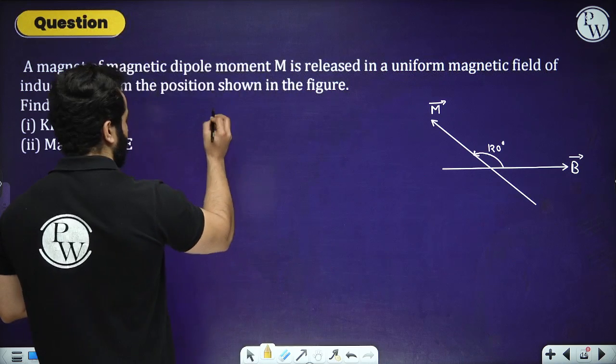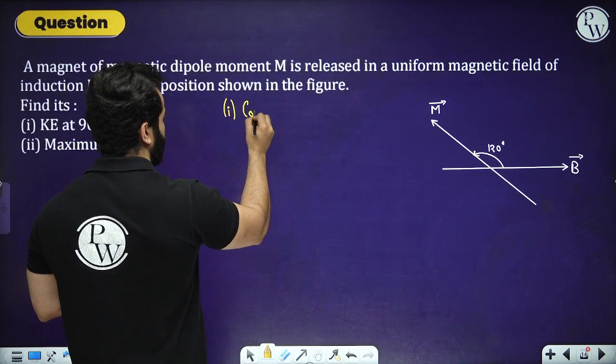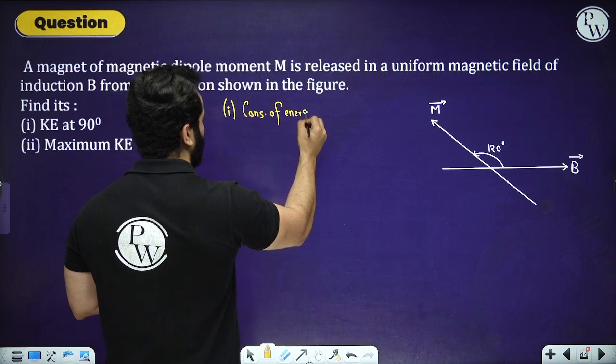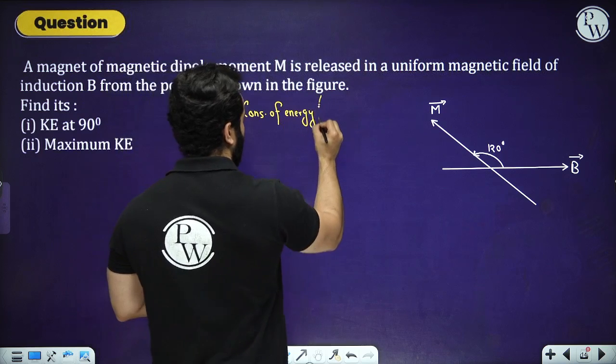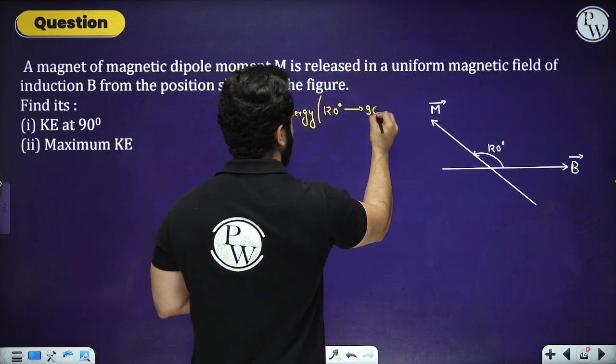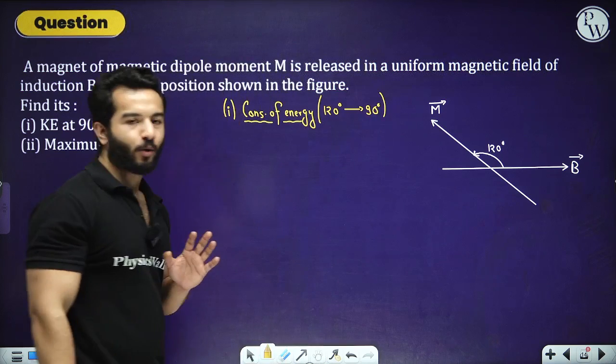First, if you want to find the kinetic energy at 90 degrees, apply conservation of energy, from 120 degrees to 90 degrees. At 120 degrees, there is no kinetic energy.